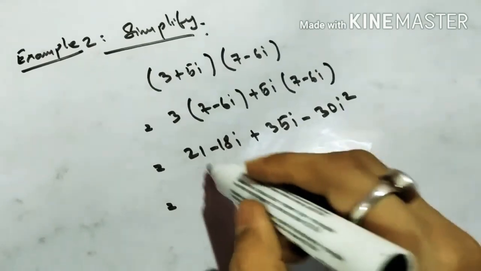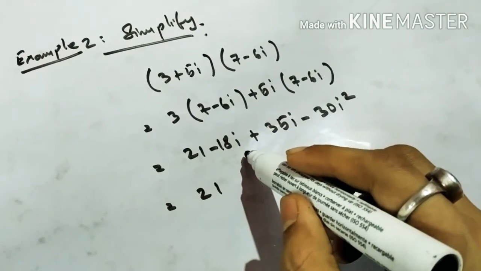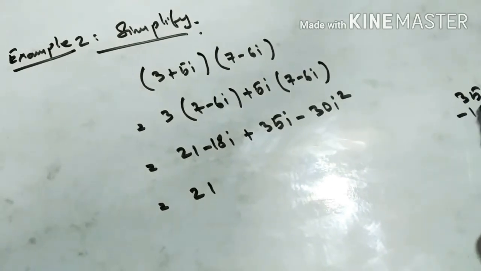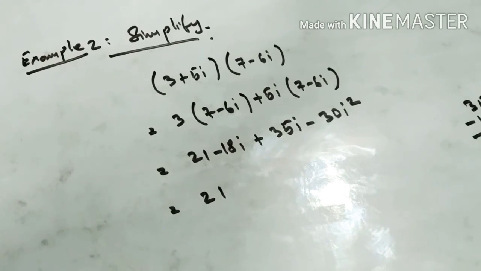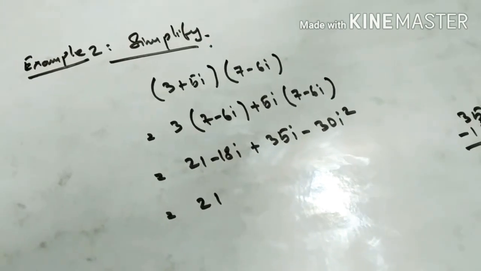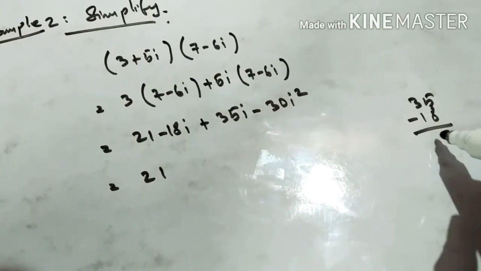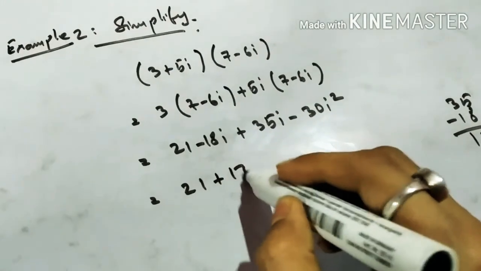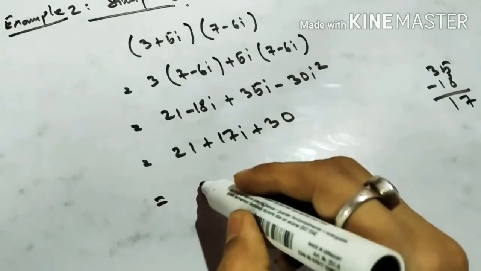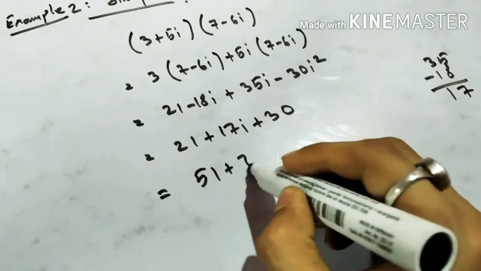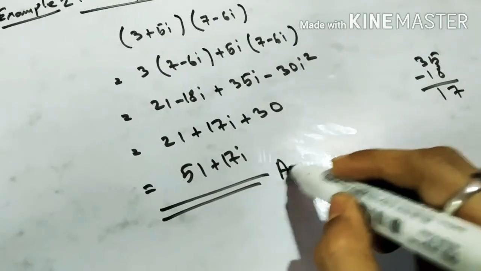So I will get 21, 35 minus 18, I will get 17. So 7 from here, 21 minus 30i square, it will become plus 30. So I will get 51 plus 17i. This will be my answer.